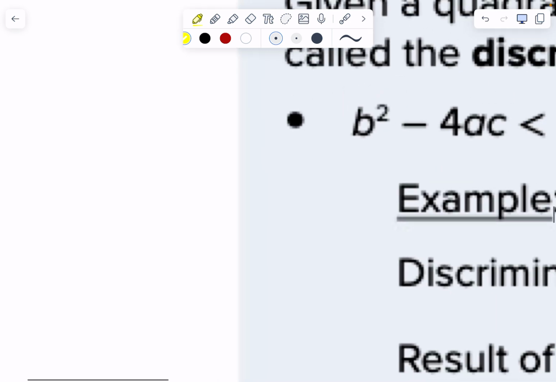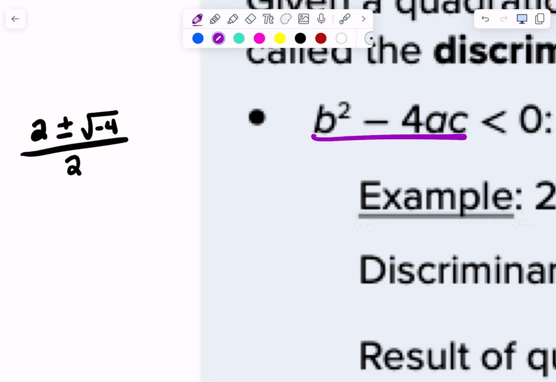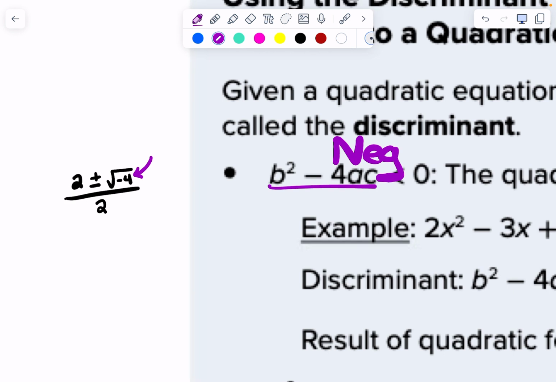I'm making these numbers up: 2 plus and minus the square root of negative 4 all over 2. We'll make it nice. Do we see how this works? Here's my example: if b squared minus 4ac, the stuff underneath the square root, is less than 0, in other words a negative number, we're going to end up with what here?